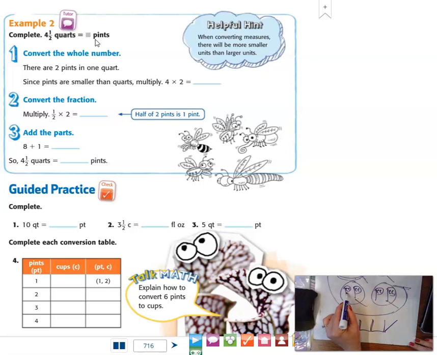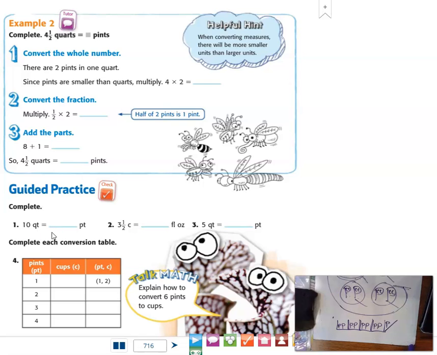And each quart has 2 pints in it. So if each one has 2 and this is a half, this one's only going to have 1. That's what makes sense. So now 2, 4, 6, 8, 9 pints are going to be in 4.5 quarts. Hopefully that makes sense to you.